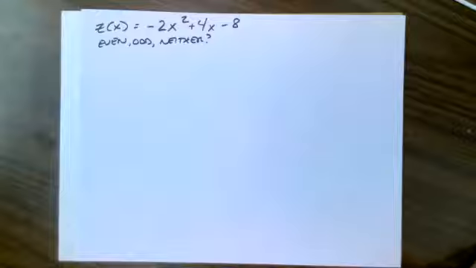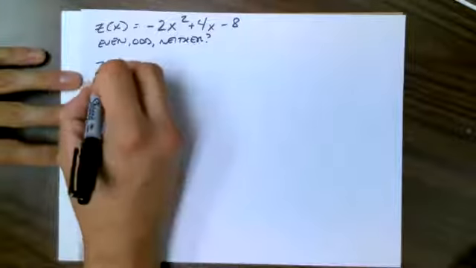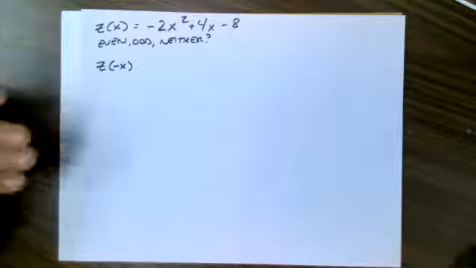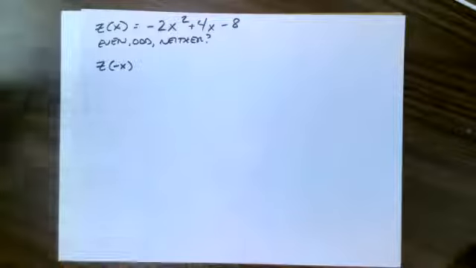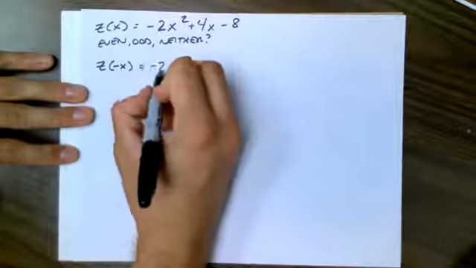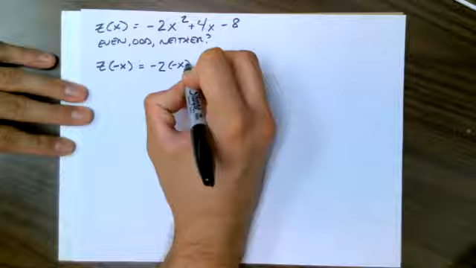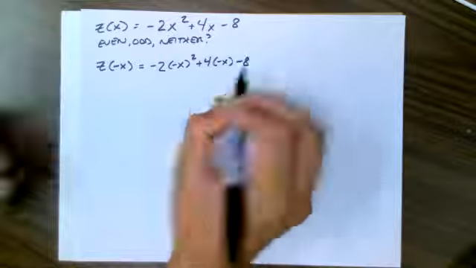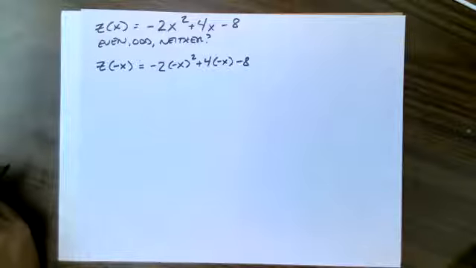And to find that symmetry, you're going to just pop in the negative x. I'm going to see if it stays the same or if everything changes. So I wind up with negative 2 times negative x squared plus 4 times negative x minus 8.